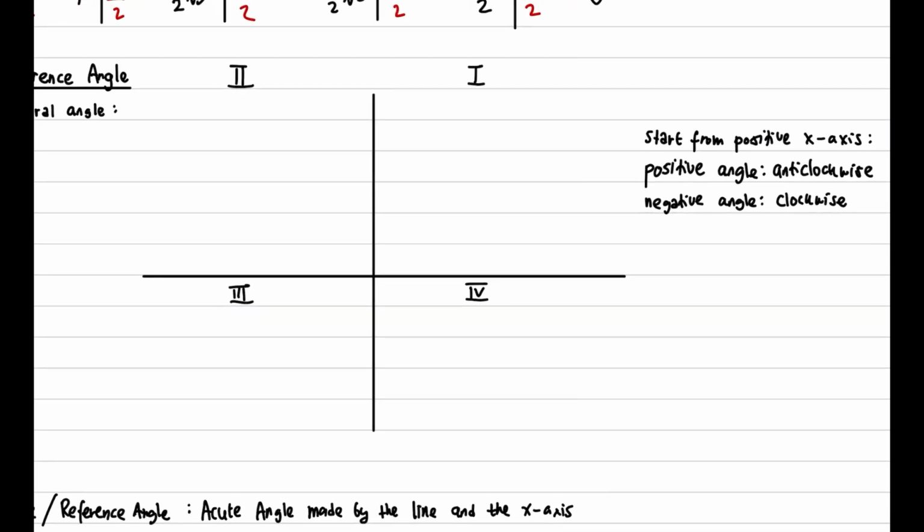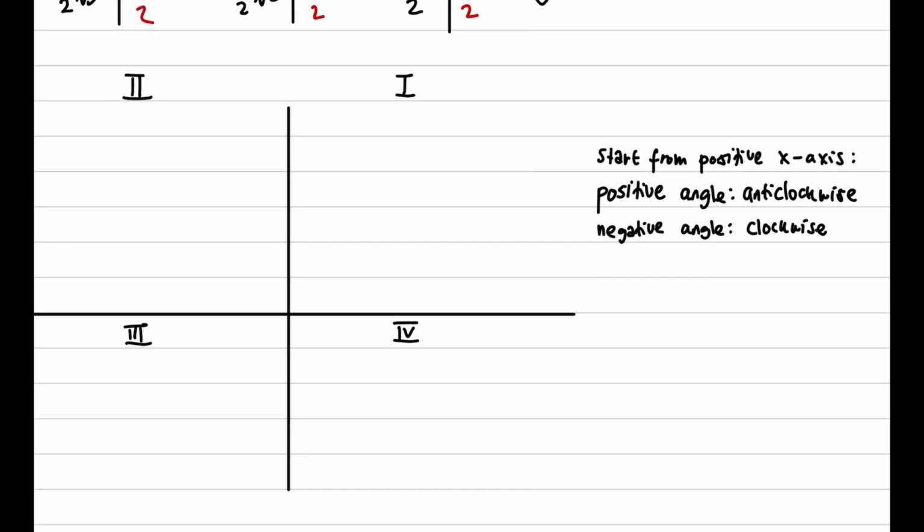Okay, how do we draw an angle? This is how we draw the angle. If you want to draw an angle, always start from the positive x-axis, which is this one. And if you want to draw a positive angle, you have to go anti-clockwise.